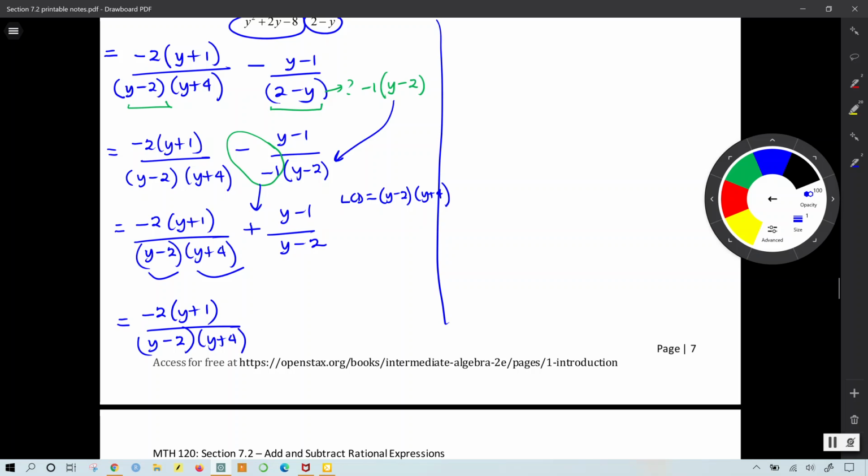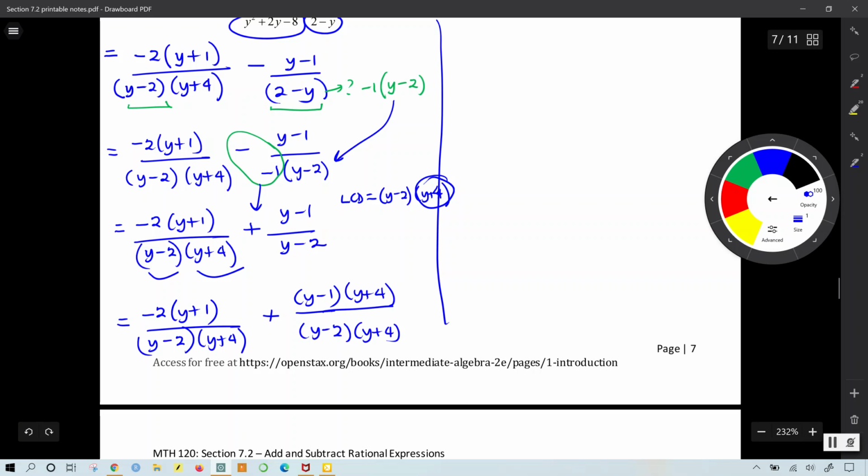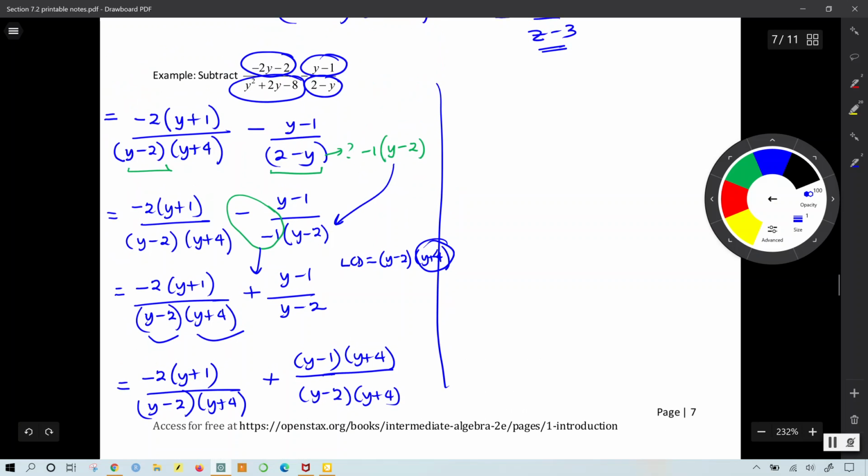However, the second fraction has only y minus 2, so it needs an extra y plus 4, both on top and on the bottom. So what do we have?